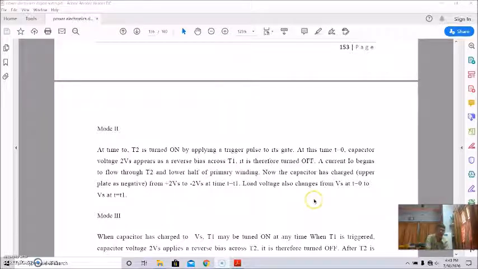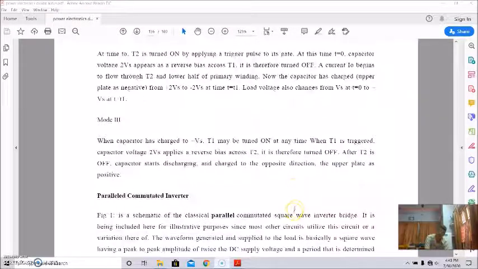It is therefore turned off, and the current I0 begins to flow through thyristor 2 and the lower half of the primary winding. Now the capacitor is charged, upper plate negative, from plus 2 Vs to minus 2 Vs at time t equal to T1, and load voltage also changes from Vs at t equal to 0 to minus Vs at t equal to T1.